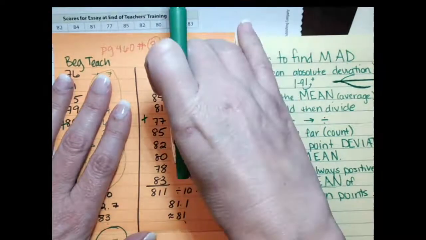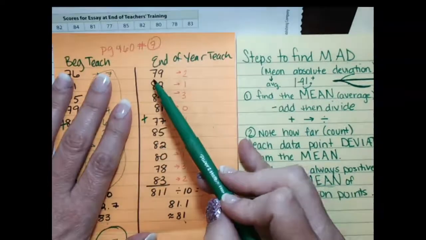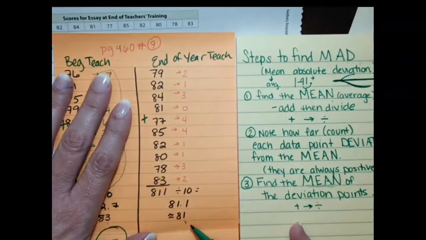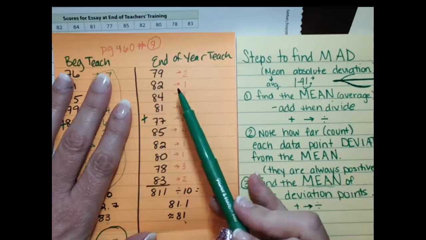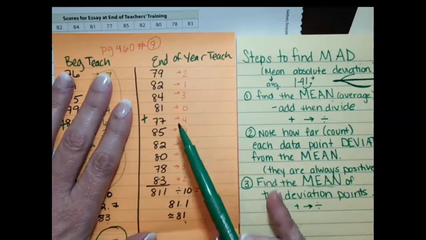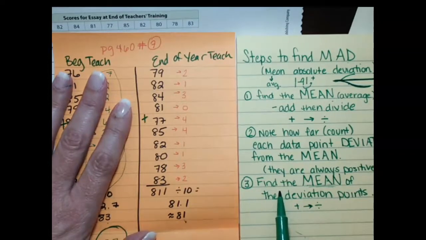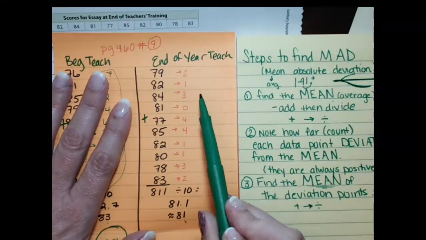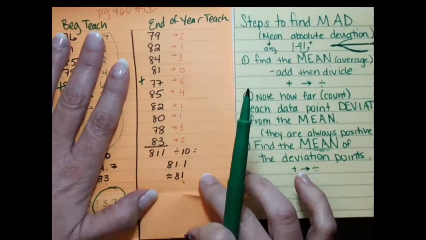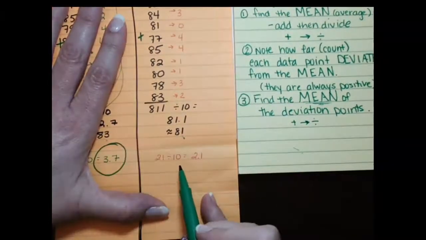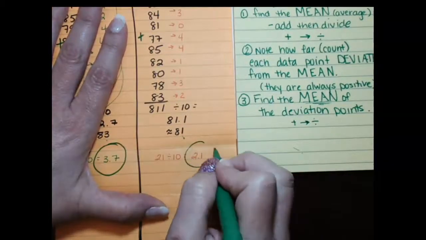Here we go. I did it right there for you. So 79 plus 2 would give me an 81. 82 minus 1 would give me an 81. So these are all of our deviation points. So we are now ready to do step 3, which is find the average or the mean of these numbers. We need to add all these numbers up, divide by 10. You get 21 divided by 10 is 2.1.